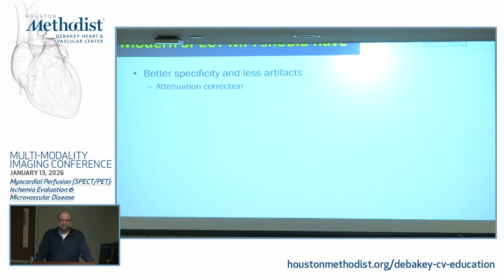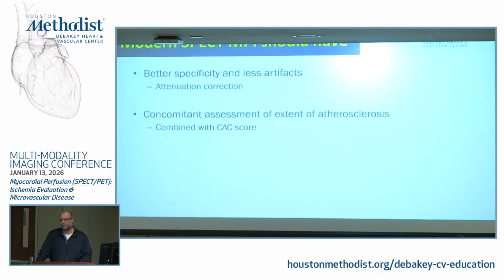So if you're going to use SPECT and you want it to be modern, then use attenuation correction for obvious reasons. Always assess atherosclerosis either by a calcium score or by looking at the CT.